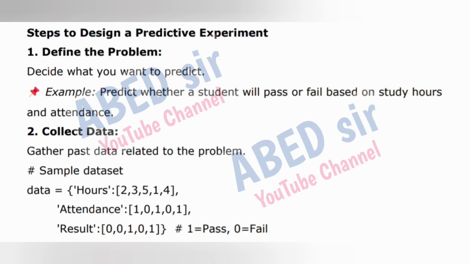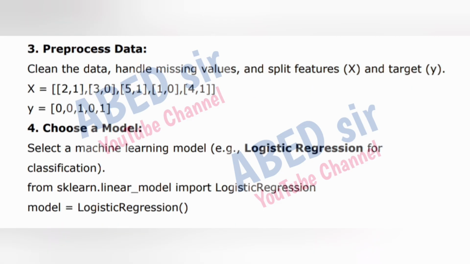Gather past data related to the problem. # sample dataset. data = hours: 2, 3, 5, 1, 4. attendance: 1, 0, 1, 0, 1. result: 0, 0, 1, 0, 1. # 1 = pass, 0 = fail. 3. Preprocess data. Clean the data, handle missing values, and split features X and target y.